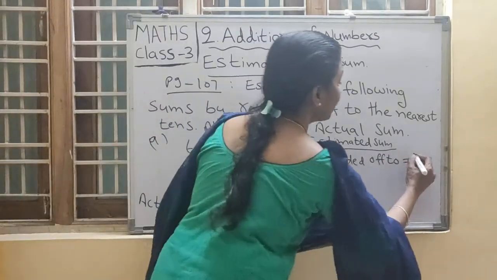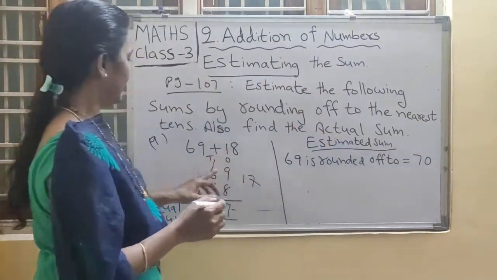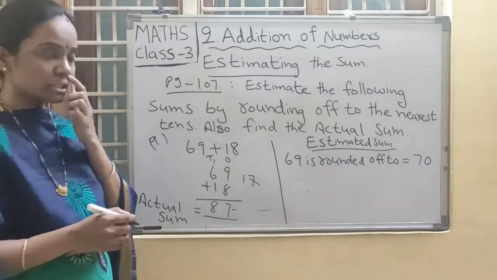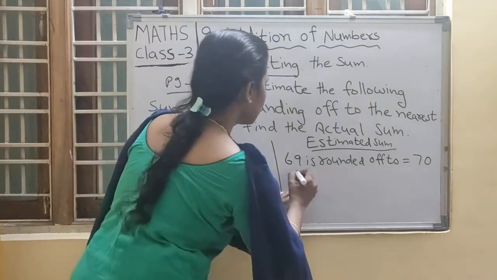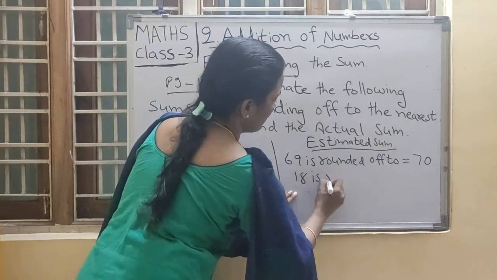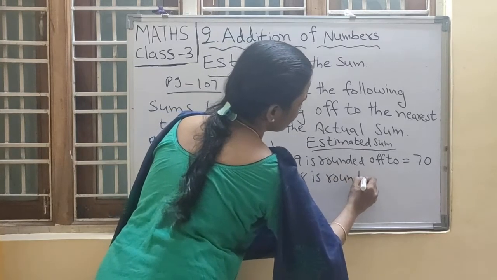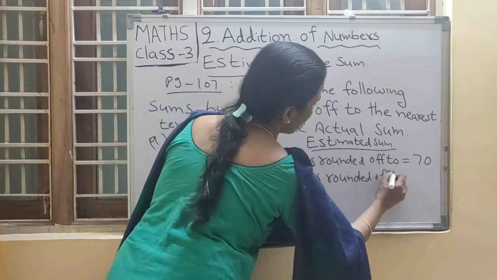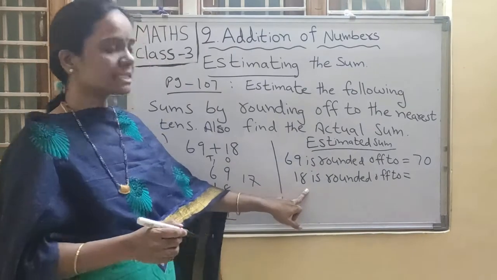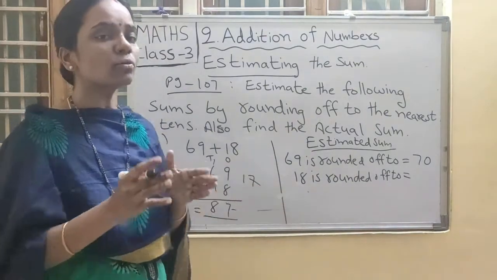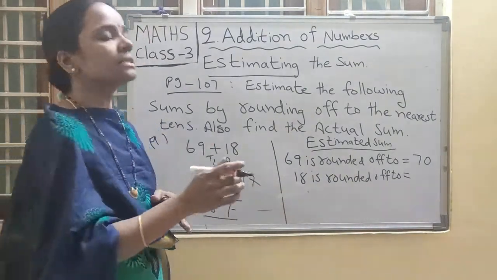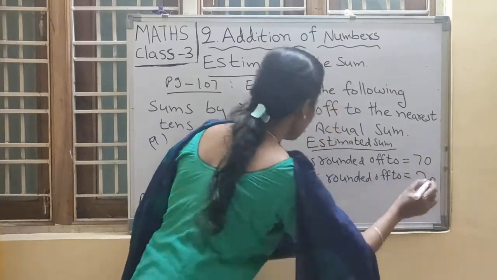Very good, 70. And 18 is rounded off to which 10, children? 18 is close to 20 or 10? Yes, 20. So it is rounded off to 20.